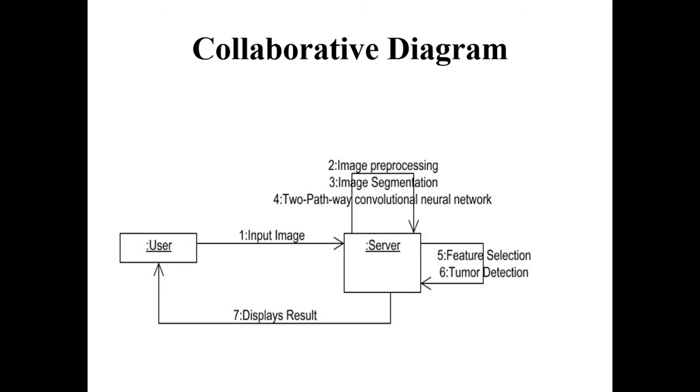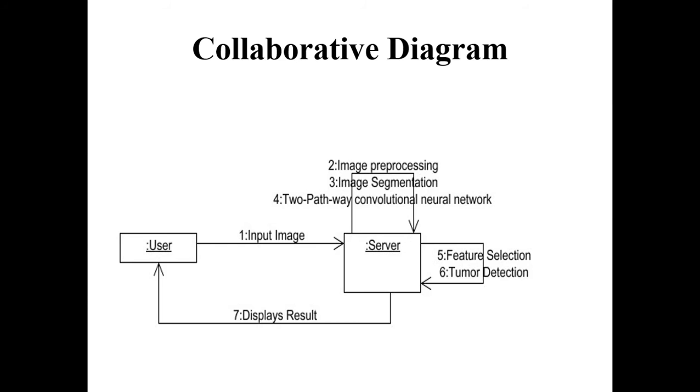And this is the collaborative diagram, where the user inputs the images in our data set, and image pre-processing is used to convert the raw data. If you're collecting image data, it will be raw data, and it will be converted into a clean data set. For that we are using image pre-processing.